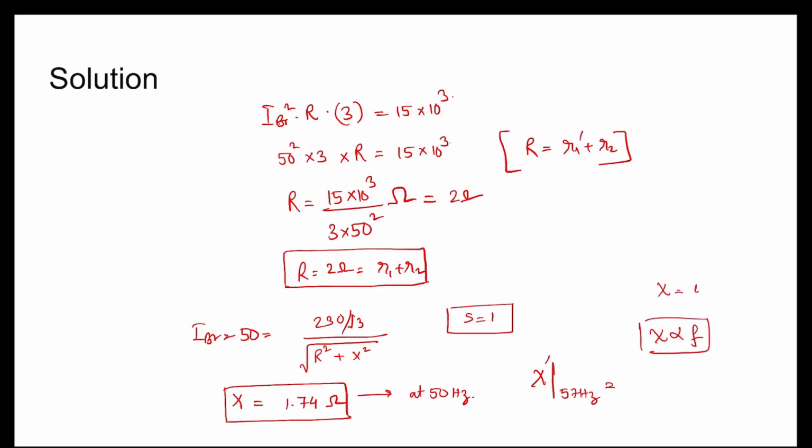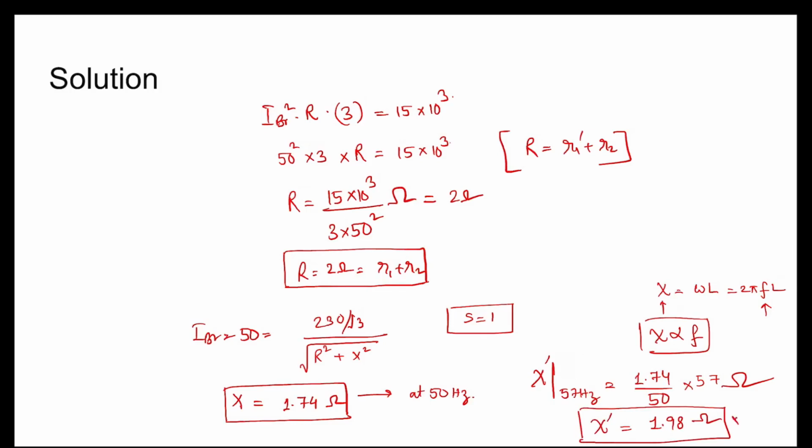X is omega into L, and omega is 2 pi f, so X is 2 pi f into L. So this frequency is directly linked with this X. We were determining X for 50 Hertz. Now for 57 Hertz this will be 1.74, that is the old reactance value, divided by 50 multiplied by the new frequency. So this will be the new reactance it will offer, that is coming out to be 1.98 ohm. So X dash I am calling.